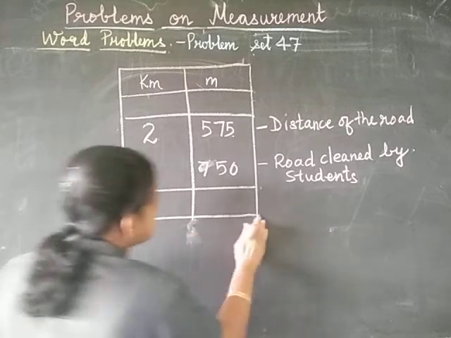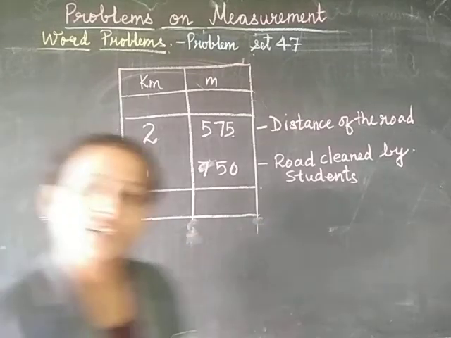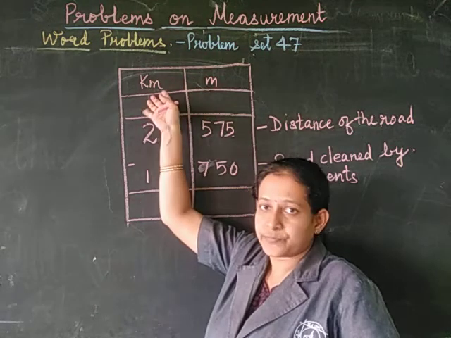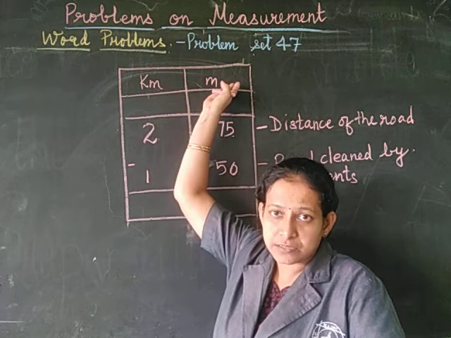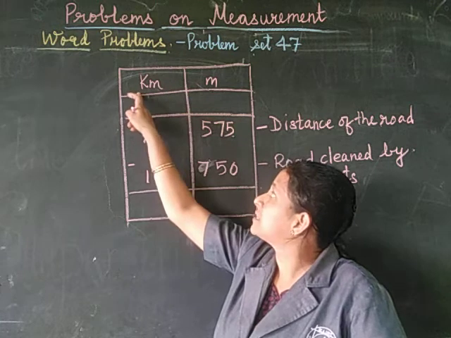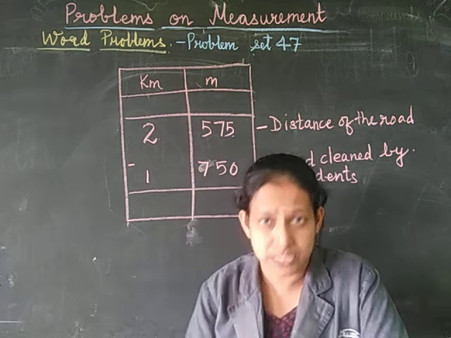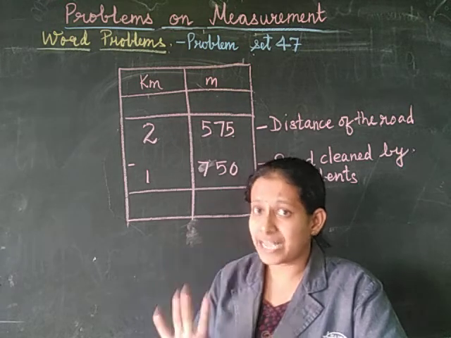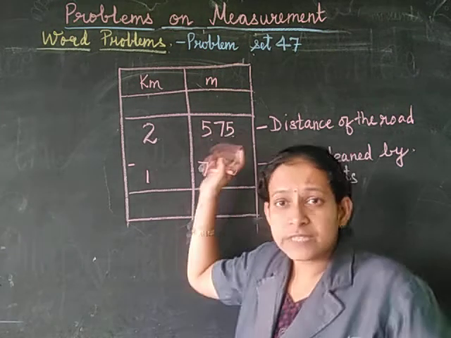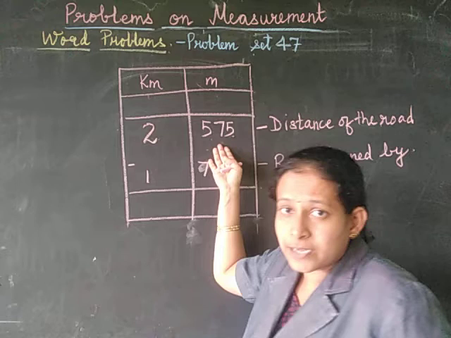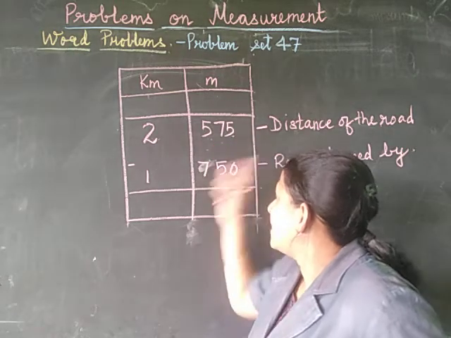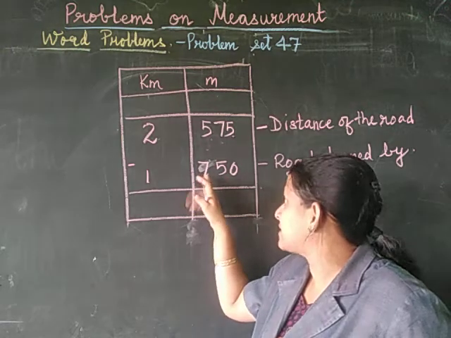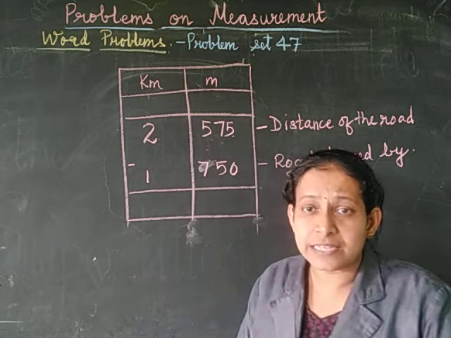Fine. So now, first let me make you recall the conversion of kilometers in terms of meters. You should know that 1 kilometer is 1000 meters. Therefore, 575 is smaller compared to 750, and therefore we cannot subtract 750 from 575.